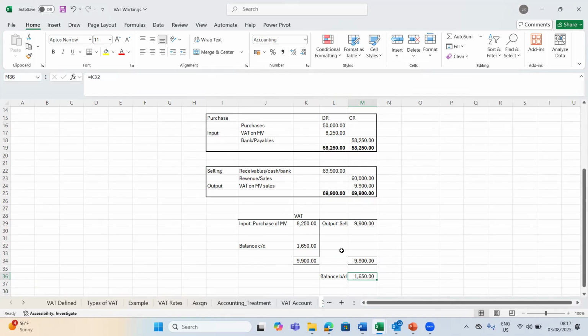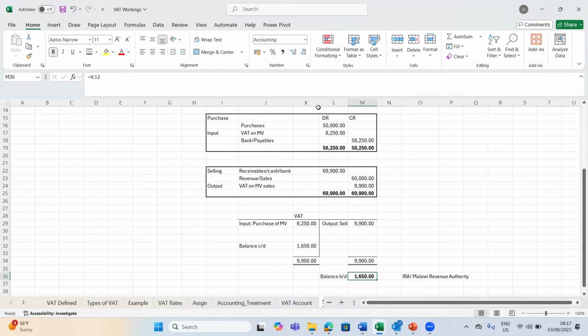Okay, it is a liability to the revenue authority. So at the end of the month, this is what we pay to the what? To the IRA, or in our case, in Malawi, we call it the Malawi Revenue Authority. Okay, so this is what we pay.